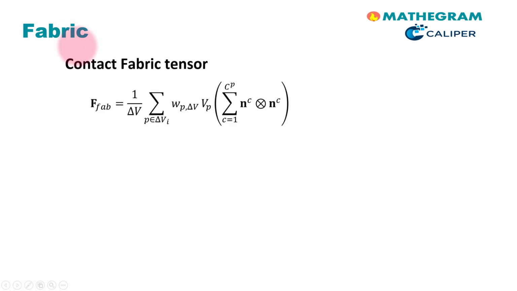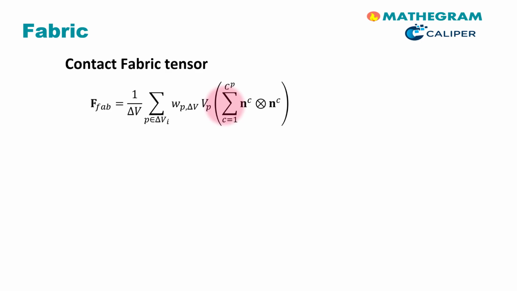We can now progress to a quantity that has, on the first view, no obvious connection with the mechanical response of a granular material. This is the contact fabric tensor. This tensorial quantity is defined in this equation, which looks similar to the stress tensor definition.